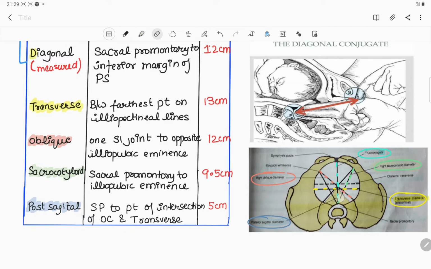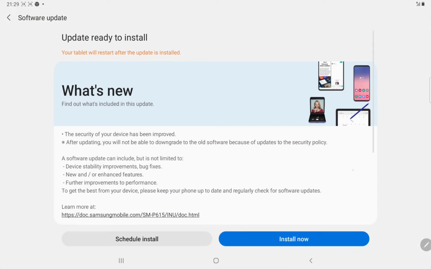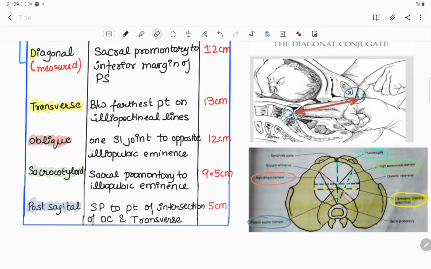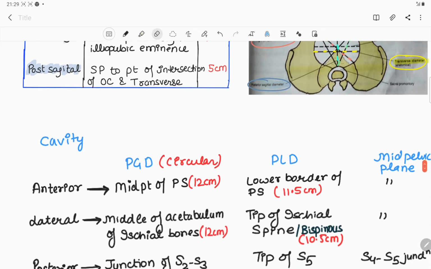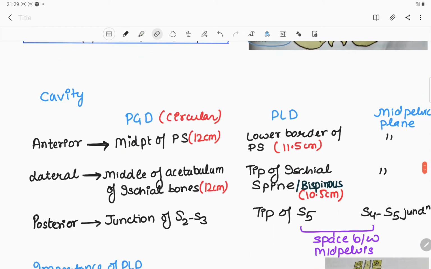The sacrocotyloid diameter extends from the sacral promontory to the same side iliopubic eminence, measuring about 12 cm. The posterior sagittal diameter extends from the sacral promontory to the point of intersection of the obstetric conjugate and the transverse diameter of the inlet, measuring about 5 centimeters.